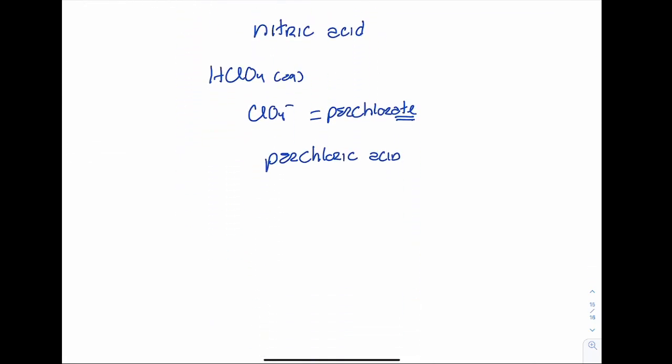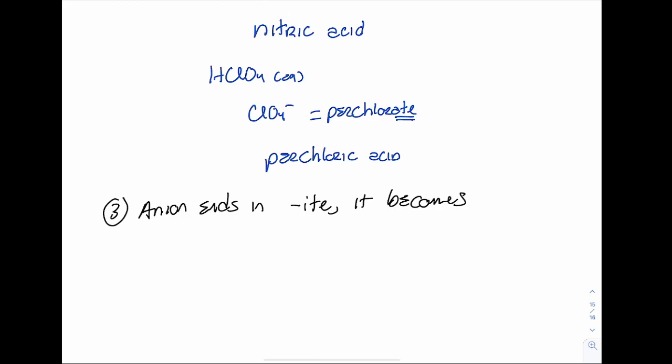Our third one, and that's if the anion ends in ITE. So ITE becomes OUS acid.